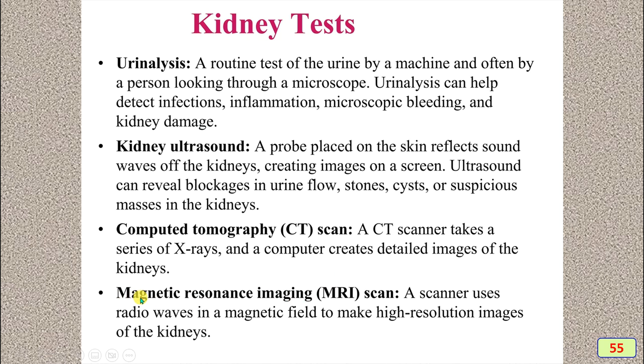And MRI, or magnetic resonance imaging, is also a scanner that uses radio waves in a magnetic field to make high resolution images of the kidney, as medical diagnosis is being advanced.